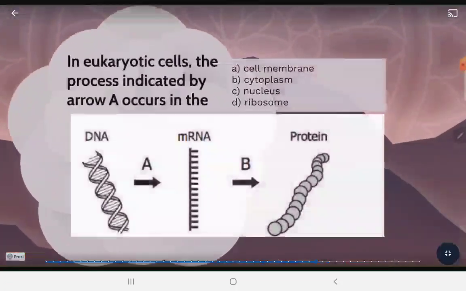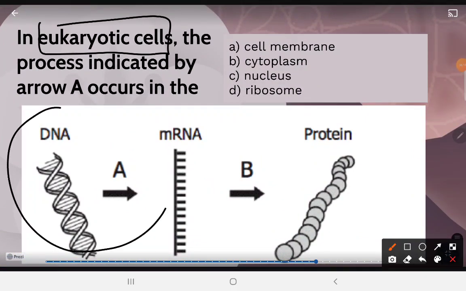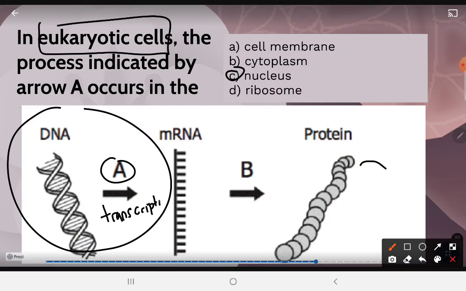Okay, 15, making good time here. In eukaryotic cells, the process indicated by the arrow A occurs where? So in eukaryotes, where do we have DNA? If A is occurring, it must be where DNA is, and that would be in the nucleus, right? So in the nucleus, we are going through a process called transcription.